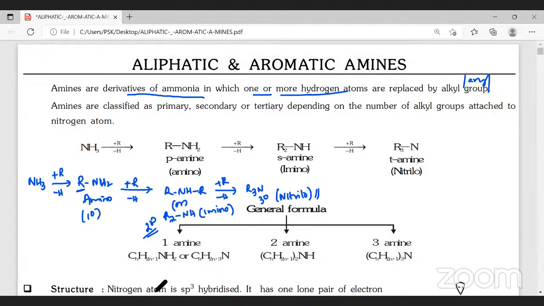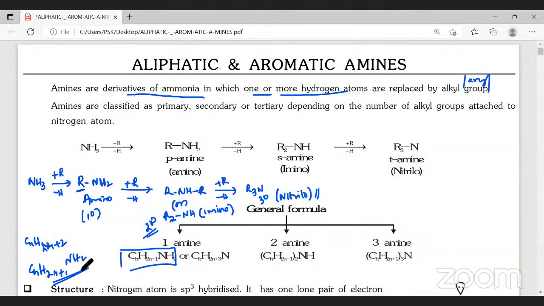The general formula of primary amine is CnH2n+1NH2. This is better and simple to remember. CnH2n+2 is the general formula of an alkane. So from an alkane, one of the hydrogens is replaced by NH2. So we get CnH2n+1NH2. This is the general representation of primary amine.